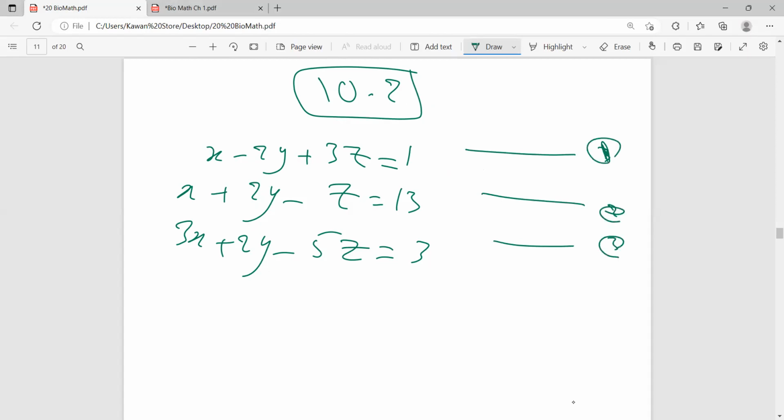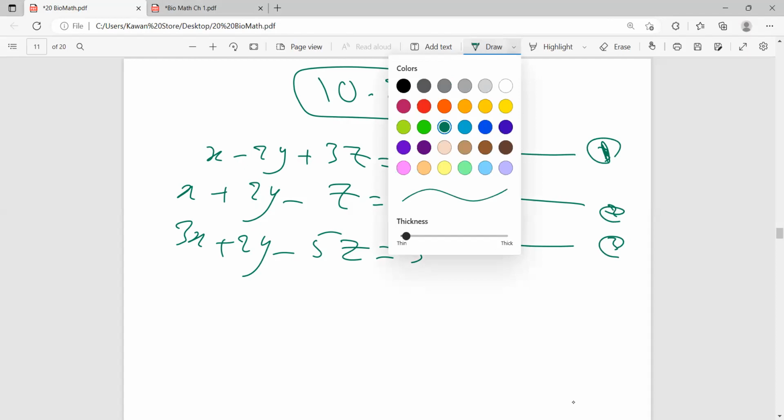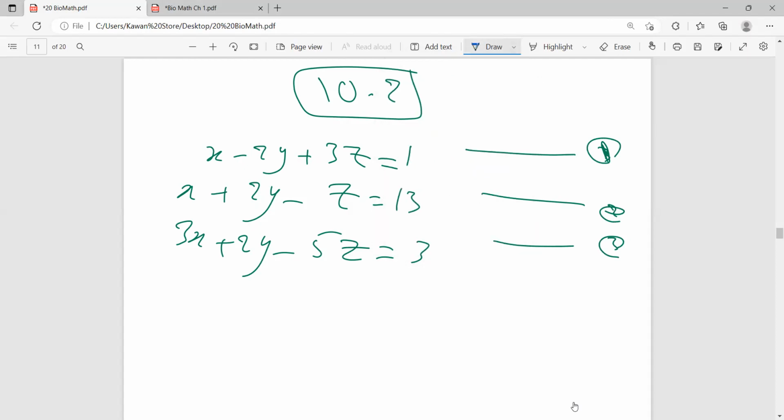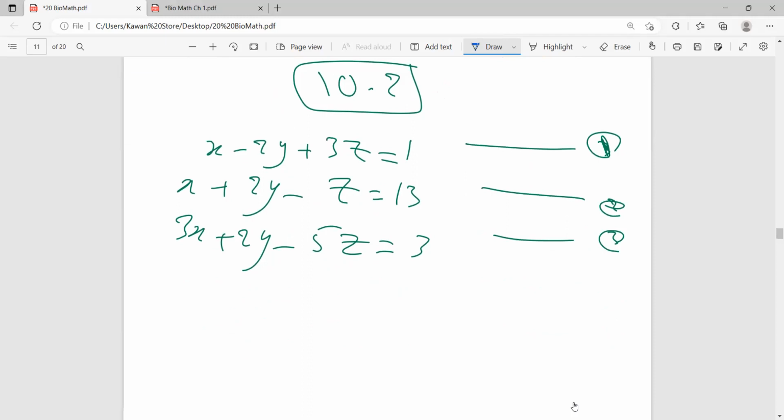So how do we solve them? First of all, look at me at the beginning. I'm going to solve the first equation with the second equation. Then I'm going to get equation number 4.